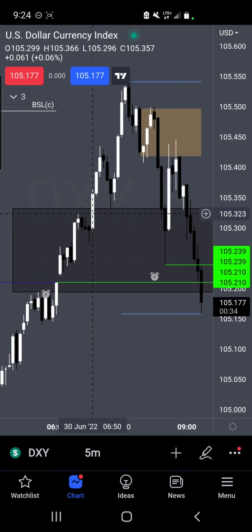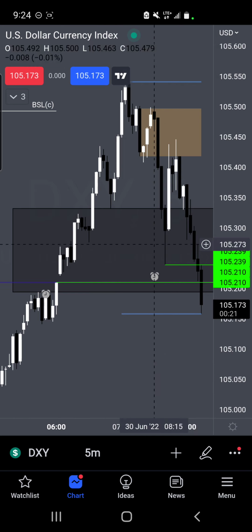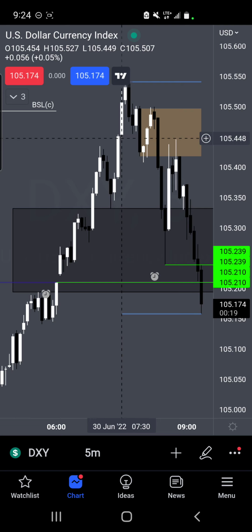You could use every concept of ICT in these models. You could use purges, you could use OTEs, the same concept of premium to discount, a discount array to a premium array.